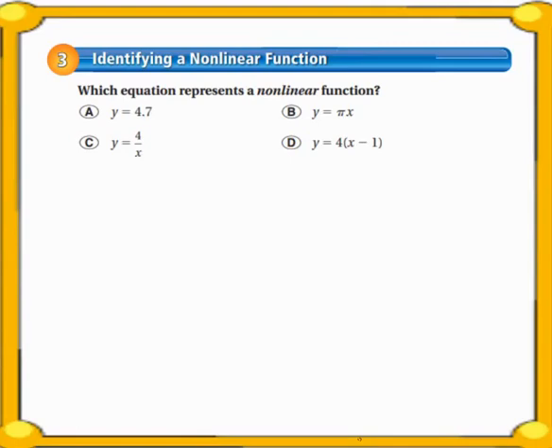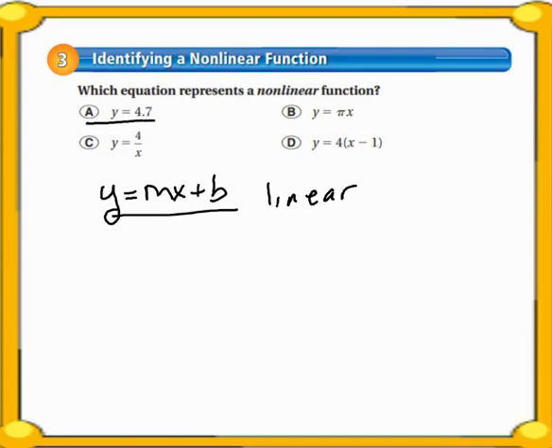Last part is identifying nonlinear functions from an equation. And remember, in an equation, a linear equation is represented by the equation y equals mx plus b. If it's in this form, then it is linear. So when we look at each of these, part A, y equals 0x plus 4.7.